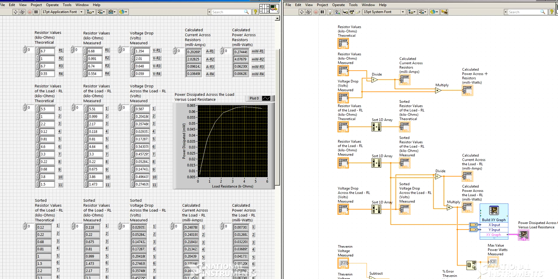That's the block diagram. You see I'm circling with the cursor now. For each one of the load resistance values, I've done the same thing.